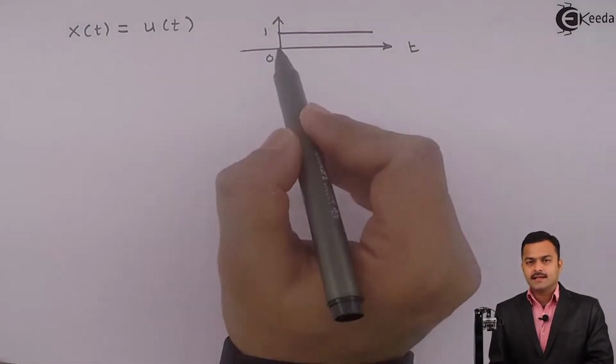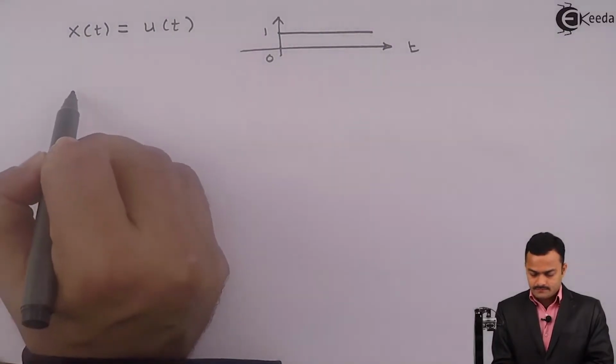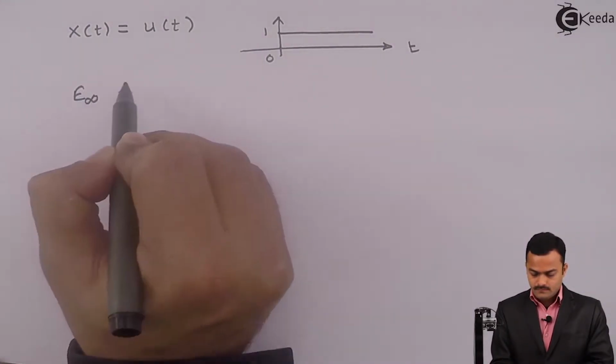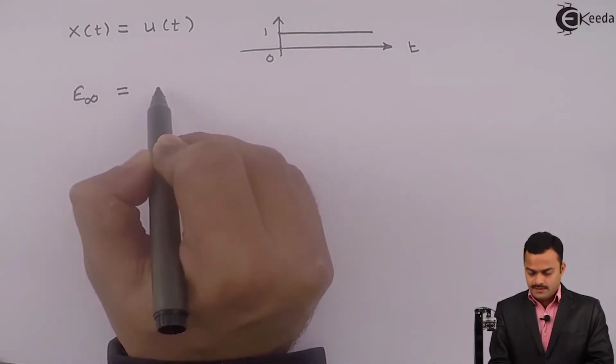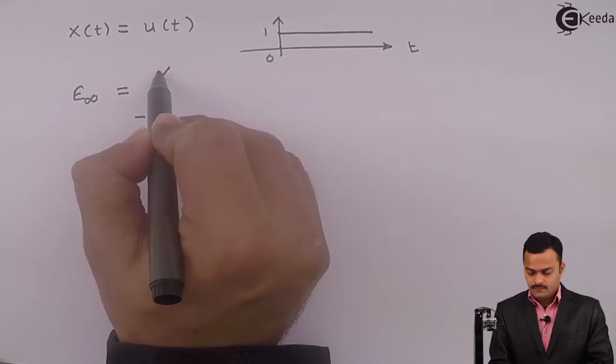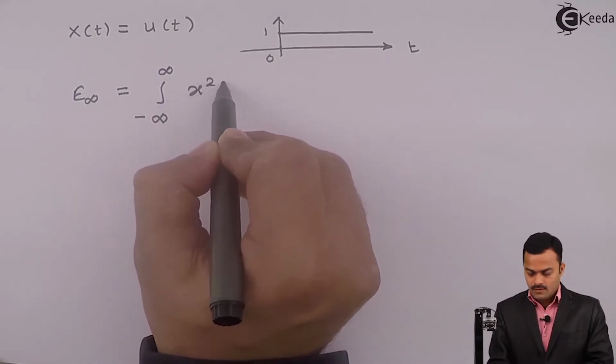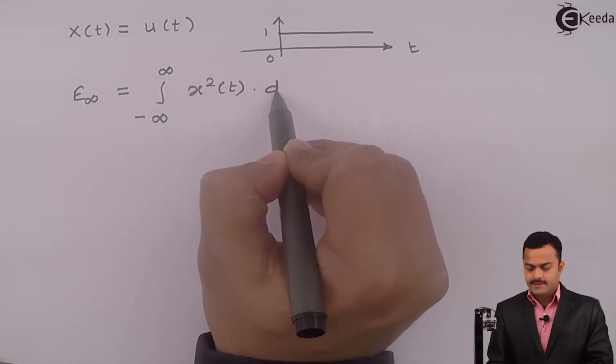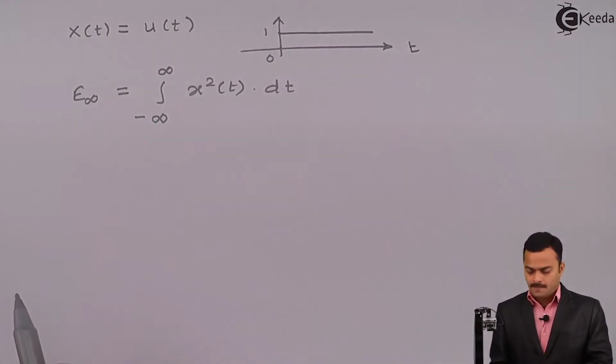So for this signal, the energy is given by the integral from minus infinity to infinity of x square t dt. It is a standard formula.